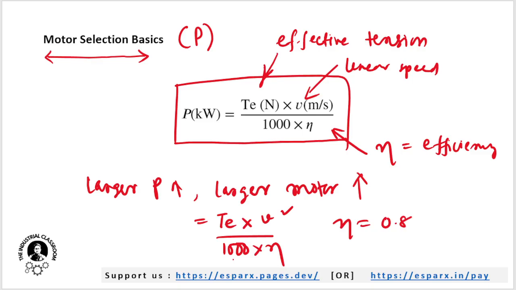We consider efficiency as 0.85 to 0.9 in the case of gearboxes. So this is the formula for the power.